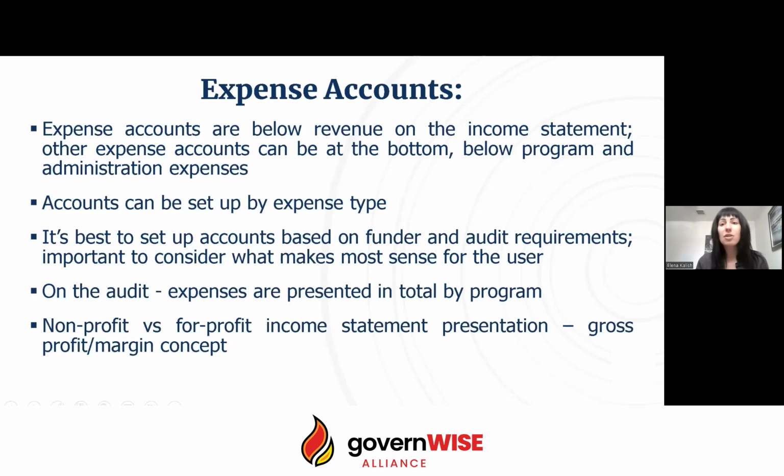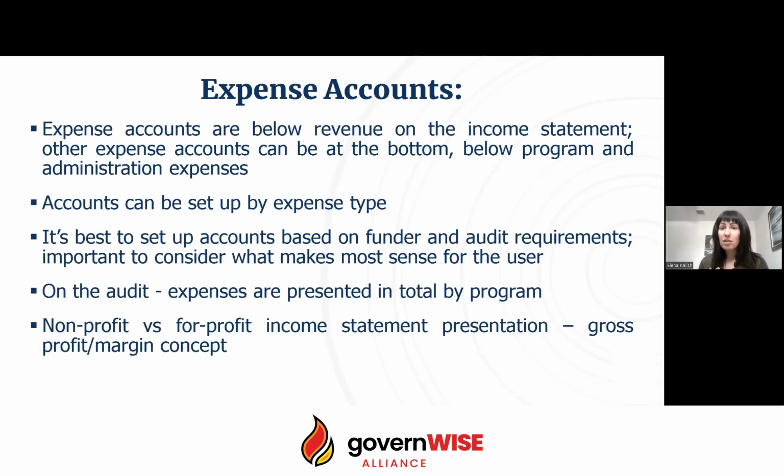So again, here, just like in revenue, we really have to consider the needs of the users. The users of our financial reporting are our funders, right? So Indigenous Services Canada, CMHC, whoever else we work with, but also, and obviously most important, our community members, chief and council, program managers.